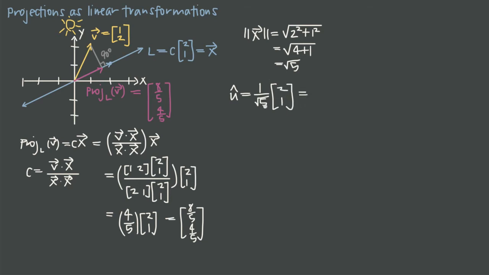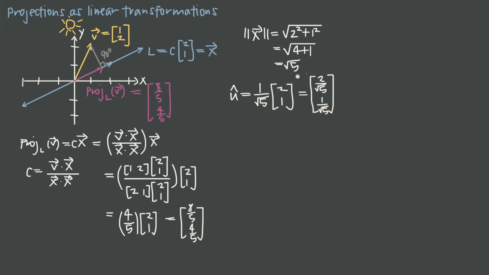So when we distribute the 1 over root 5 scalar across the vector, what we'll get is 2 over root 5 and 1 over root 5. So this, the vector u, is the vector that points in the exact same direction as x, which means it lies along this blue line. It's collinear with x, and it's collinear with the projection, but it has a length of exactly 1.